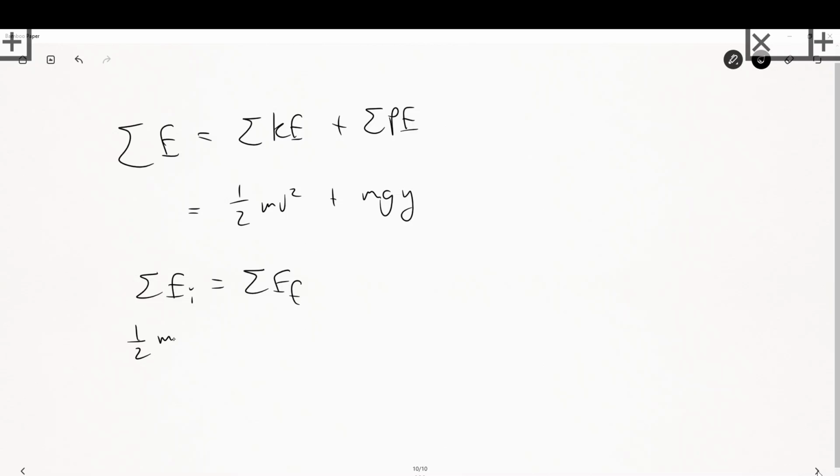I'll have 1/2 mvi squared plus mgyi is equal to 1/2 mvf squared plus mgyf. And we're going to solve those types of equations to try to find the values of unknown variables.